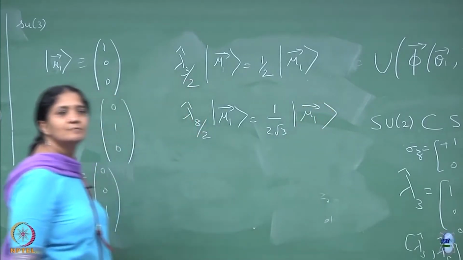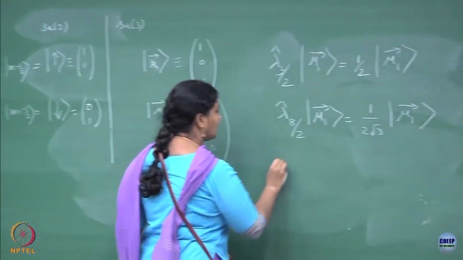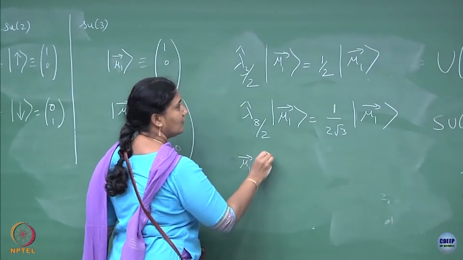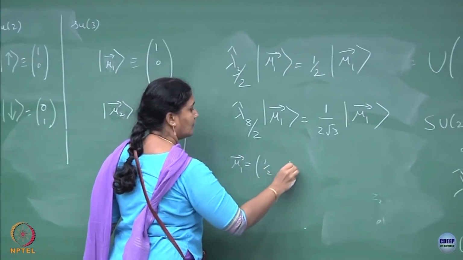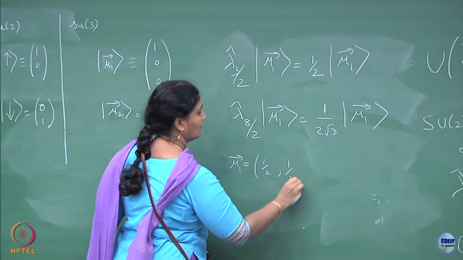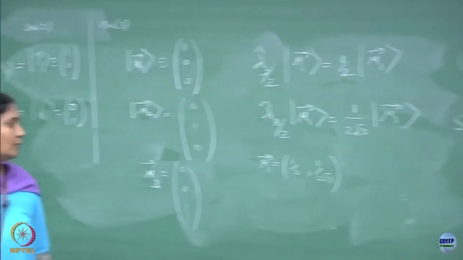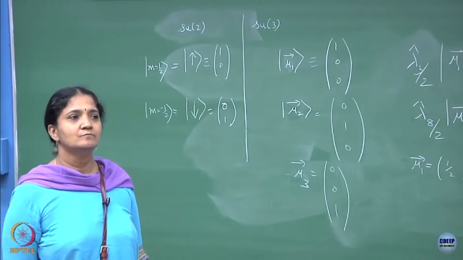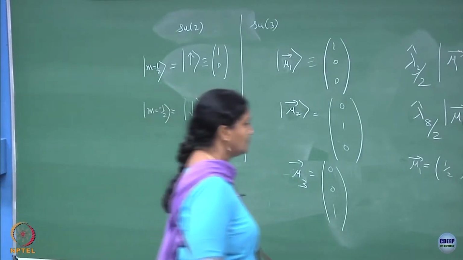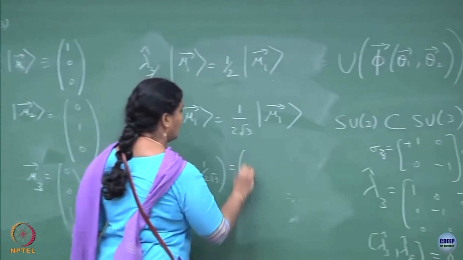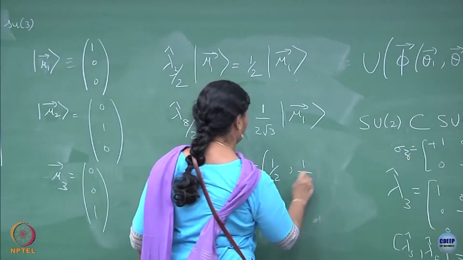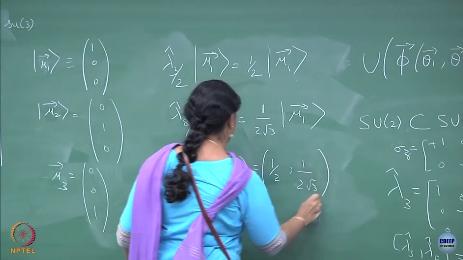Okay. So what is the mu1 vector explicitly? Is that okay? So this is nothing but half, it is half root 3 is what I get, right?